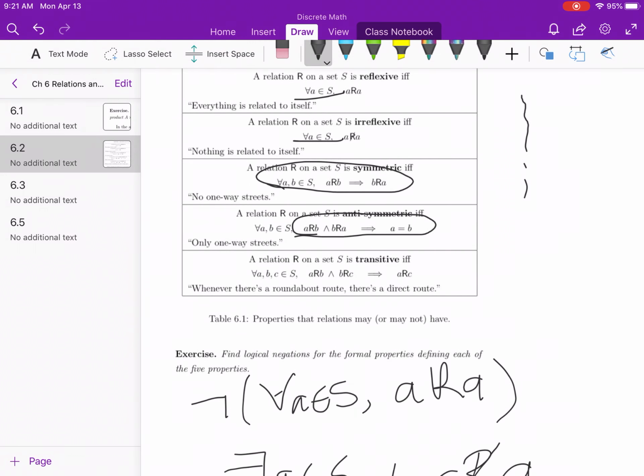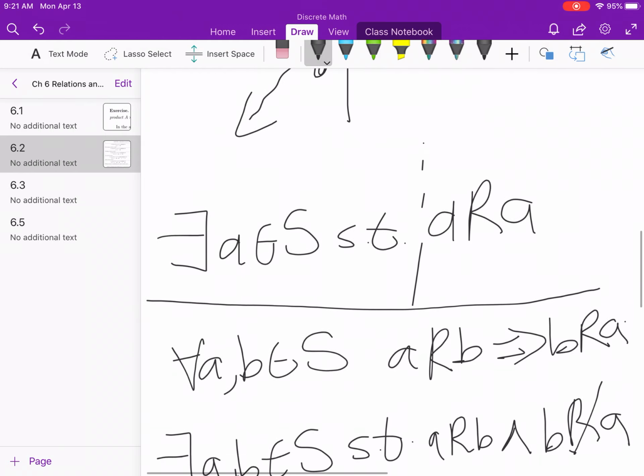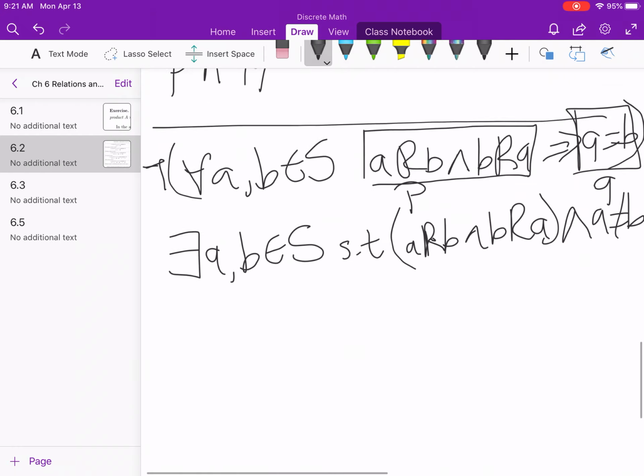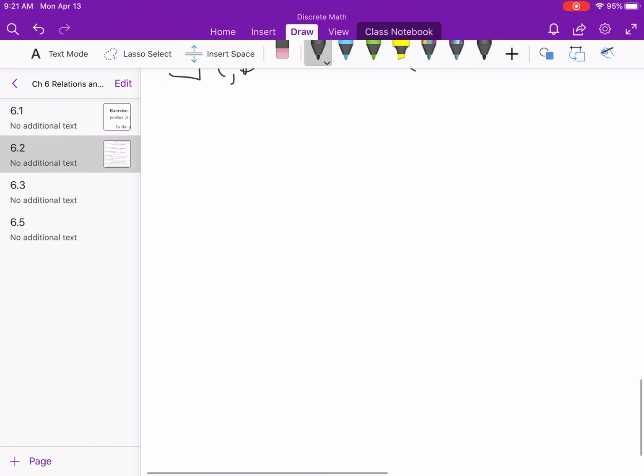And finally, let's look at the transitive property. Hopefully you can see where this is going to go. Since I have a universally quantified statement, I better have an existential statement. And since I have the conditional over here, I better have an and statement where it's P and not Q. So let's look at it.